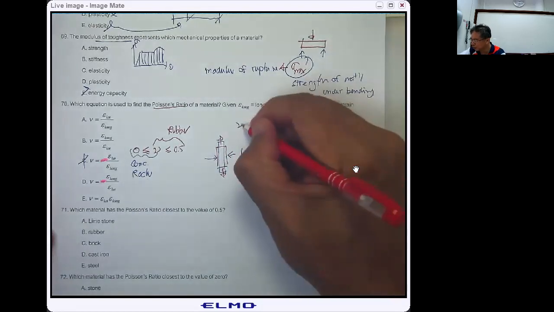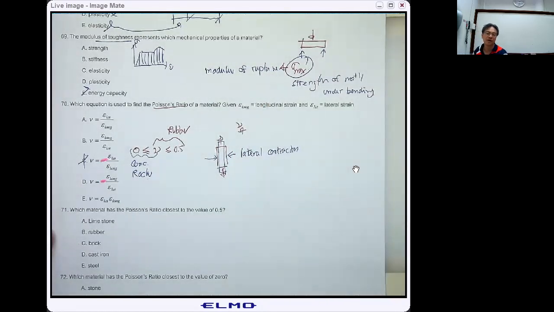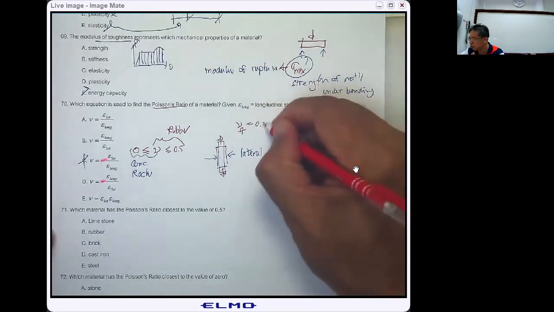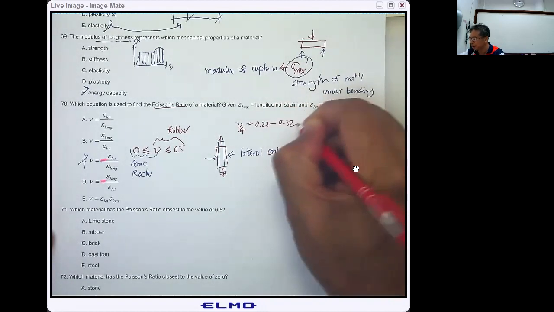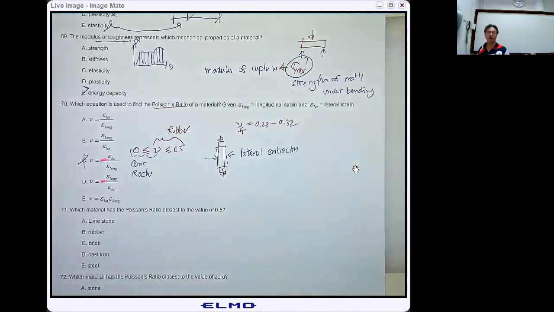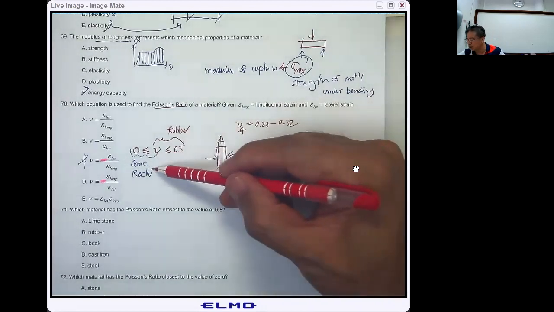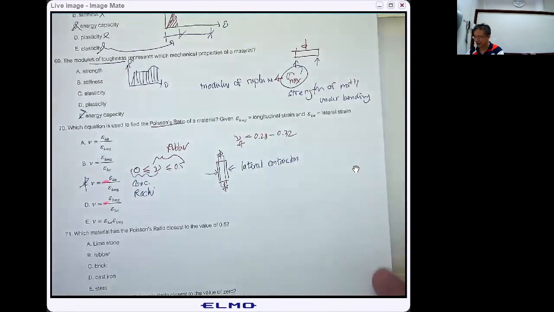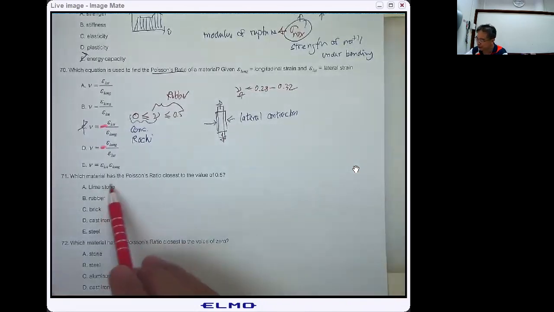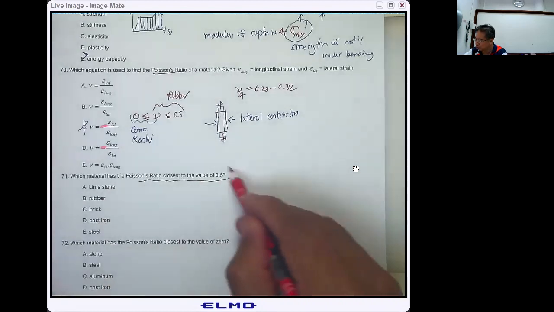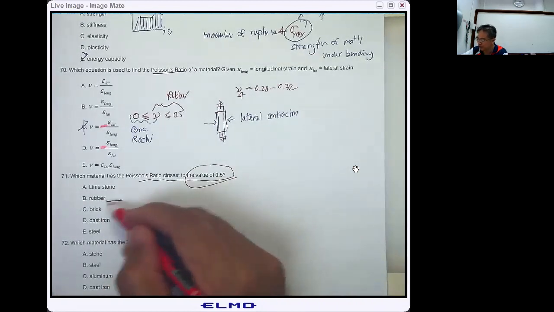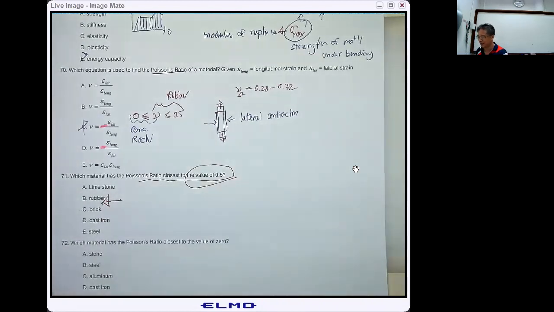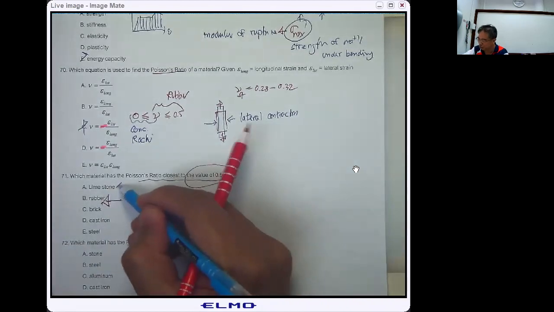And what is the Poisson ratio for the steel? That is about 0.28 to 0.22. So the Poisson ratio of steel is in the middle of the concrete and the rubber. Which material has the Poisson ratio close to 0.5? This one. This is going to be close to 0.